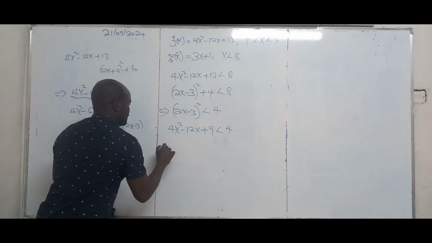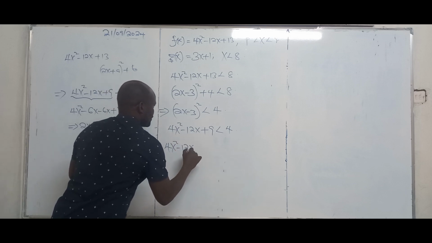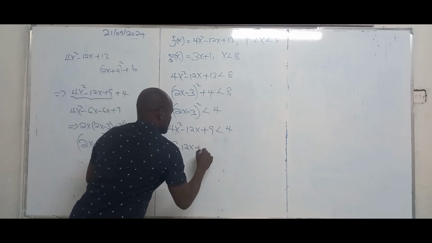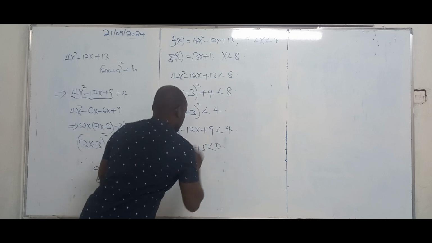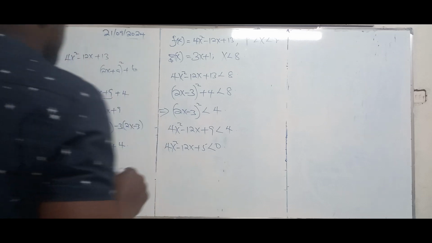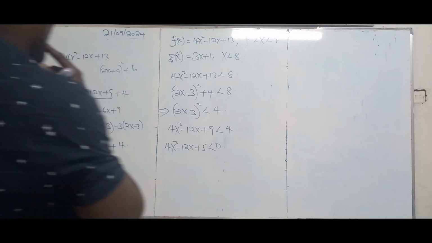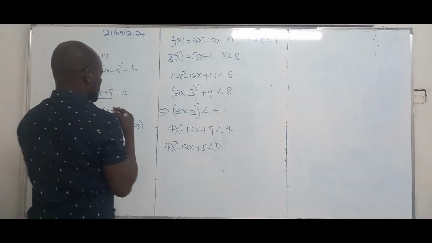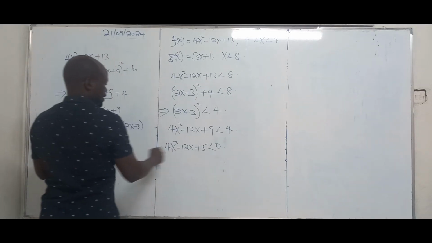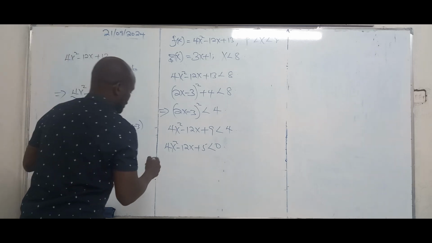We can then write this as 4x squared minus 12x plus 5 is less than 0. So we look for two values whose product is 20 and sum is negative 12. Those two values have to be negative 2 and negative 10.